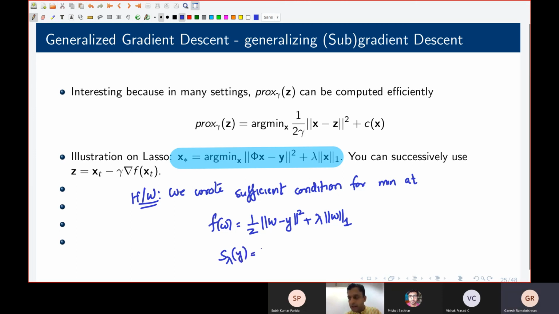S lambda of y equals yi minus lambda if yi is greater than or equal to lambda, and 0 if yi was between minus lambda and lambda, and it was yi plus lambda if yi is less than or equal to minus lambda.